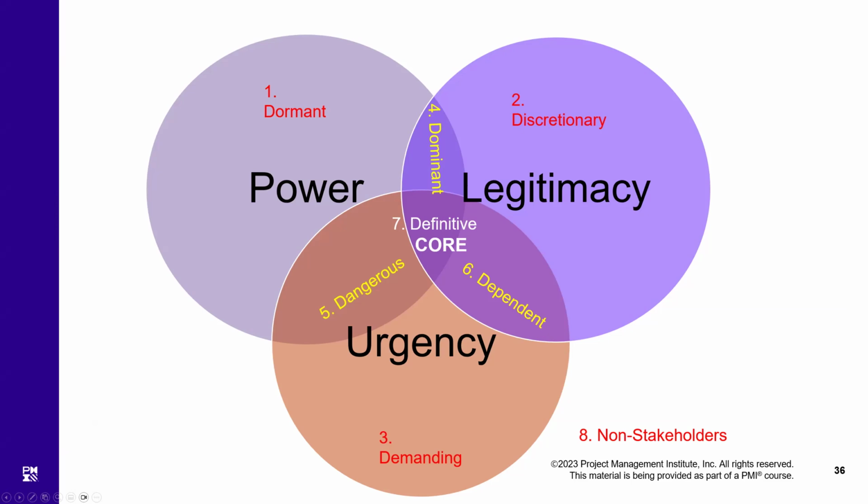The red ones, 1, 2, and 3. Which is only high in power is dormant, which is only high in legitimacy is discretionary, which is only high in urgency is demanding. These 3 are latent stakeholders. Let's talk then about the area of overlap, which is high in 2 areas only. Their areas are 4, 5, and 6.